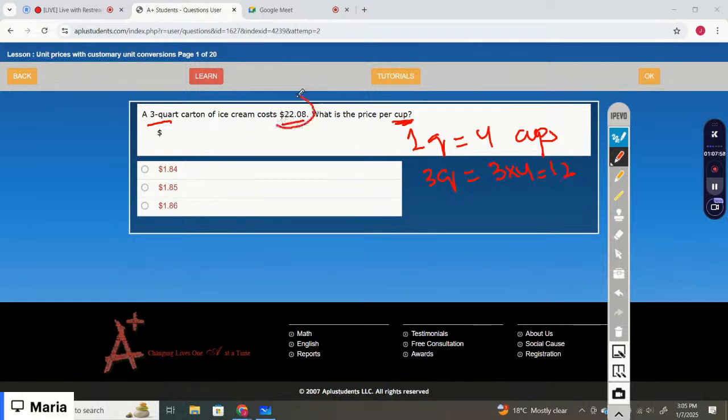That means $22.08 is the cost of 12 cups, so divide by 12 to calculate the price of 1 cup. 22.08 divided by 12 is $1.84. That means the cost of 1 cup is $1.84.